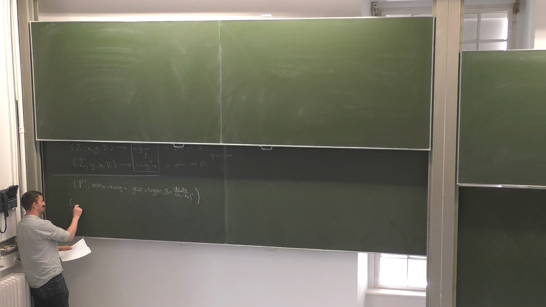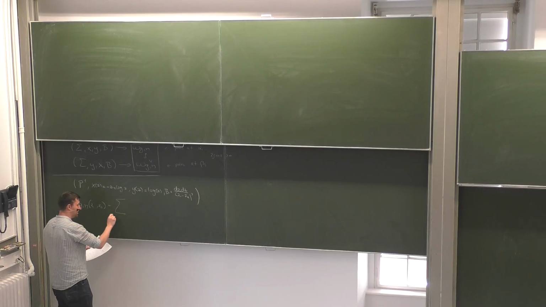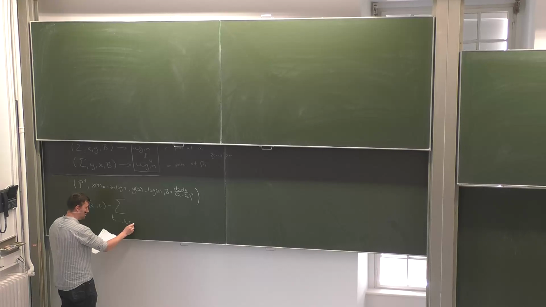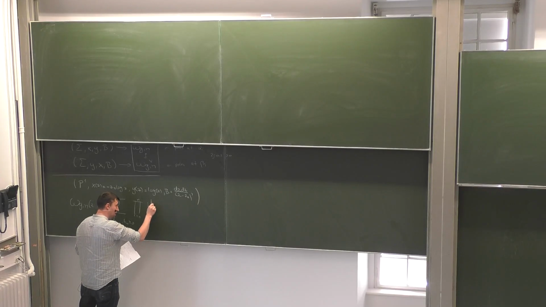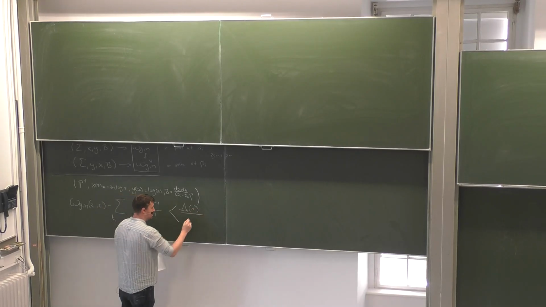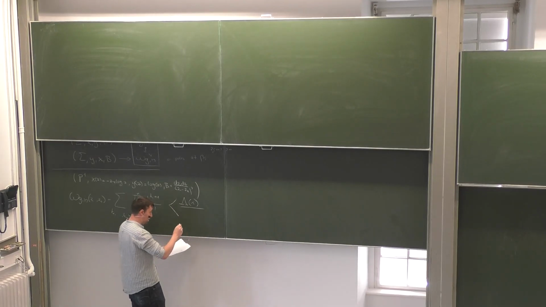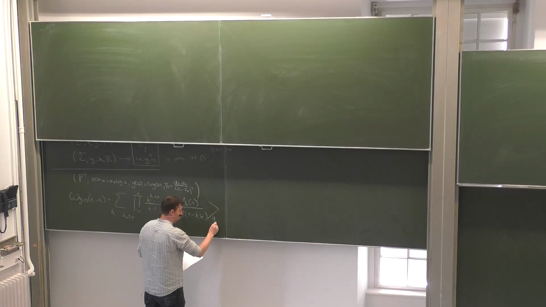And if you do that, the omega g,n of z1 up to zn, what do they generate? We have here the sum over k1 up to kn greater than 0, product i from 1 to n, of k_i to the k_i plus 1 over k_i factorial. What appears here is this Hodge class, where we take the product of 1 over 1 minus k_i psi_i.